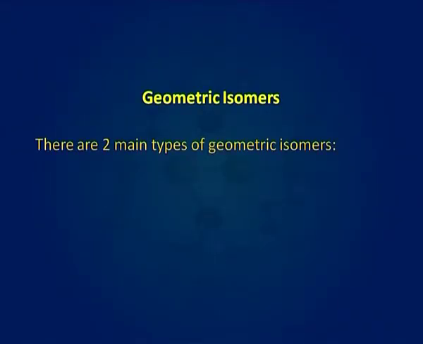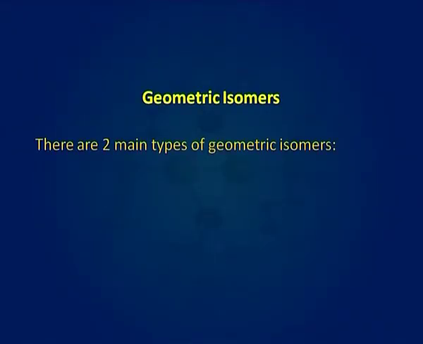Geometrical isomers are isomers that differ in arrangement of ligands around the metal or the central atom. In other words, these isomers differ from each other based on where the ligands are placed in coordination compound.